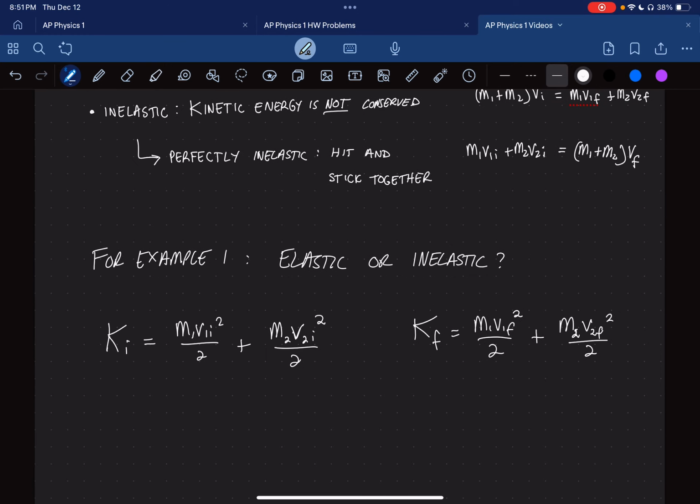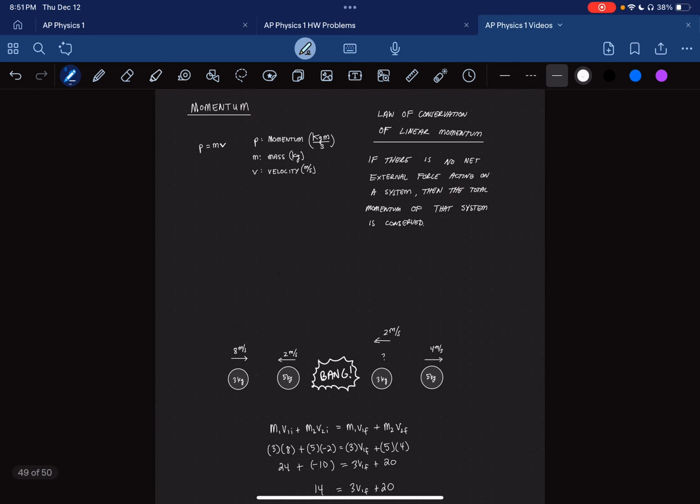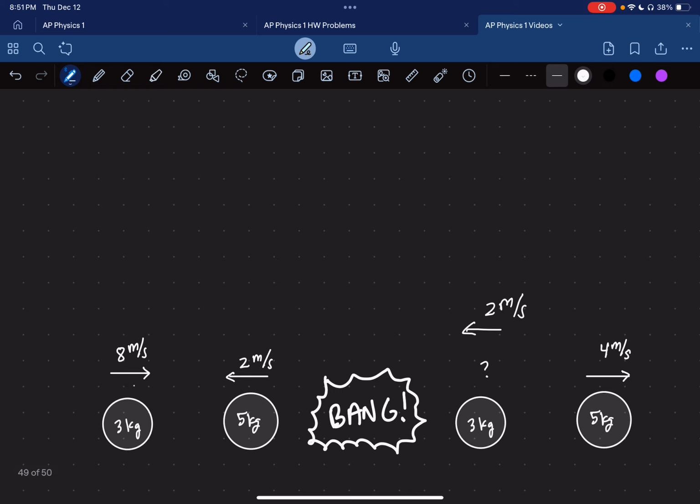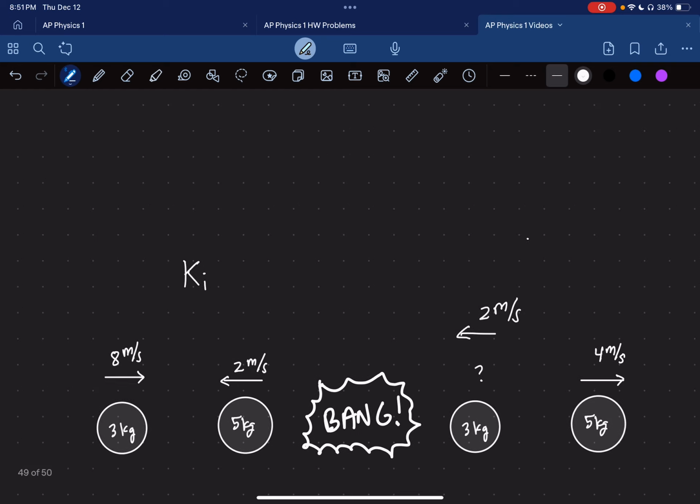For example one, let's determine if this is elastic or inelastic. If we were to get the kinetic energy of object one and the kinetic energy of object two and add those up, that would be the initial kinetic energy. And if we got the kinetic energy of these two objects after and added them together, that would be the final.